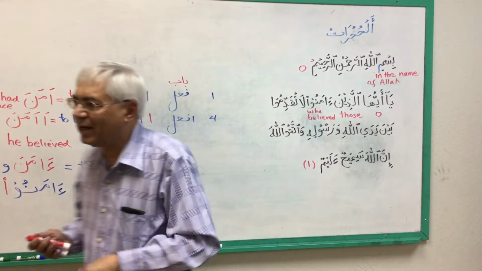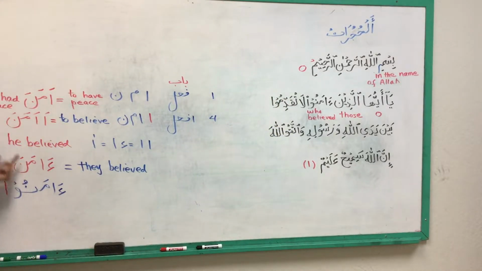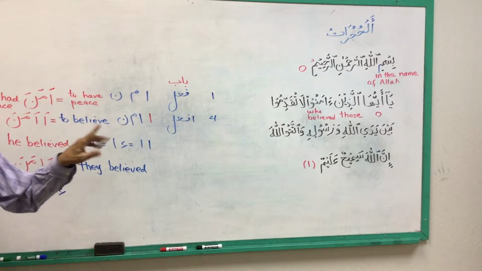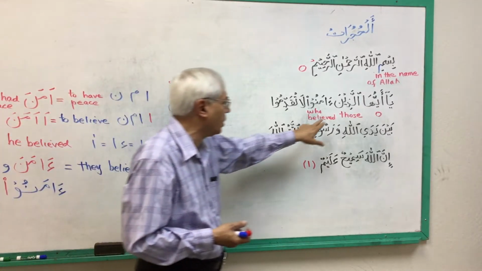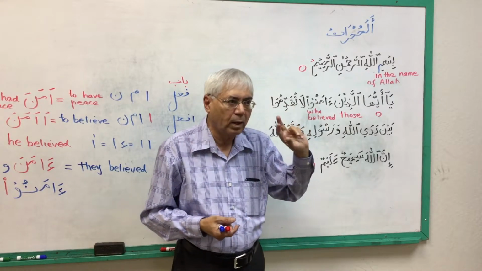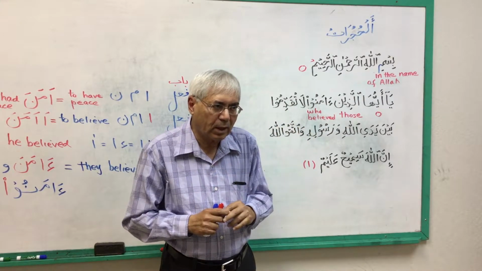So here, even though they was the plural of he, it includes women also. Here Alladhina is also a masculine word, and Amanu is a masculine word, but women are included in there.